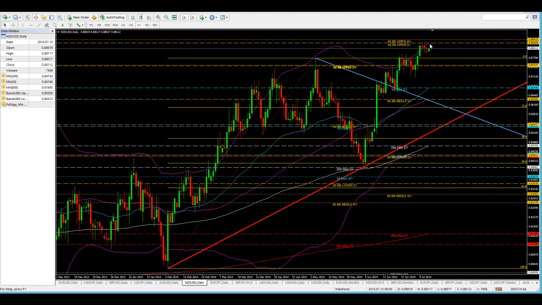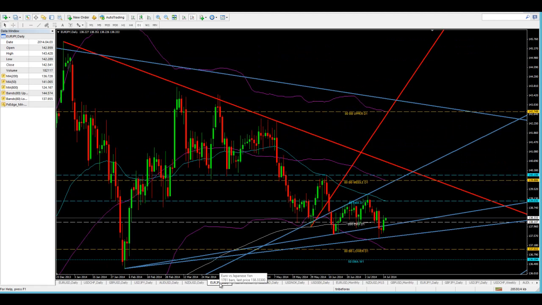If it does get back up to 0.8830, we're going to look for a sell off of 0.8830 and a buy right off of 0.8780. That's the New Zealand dollar consolidation bias.